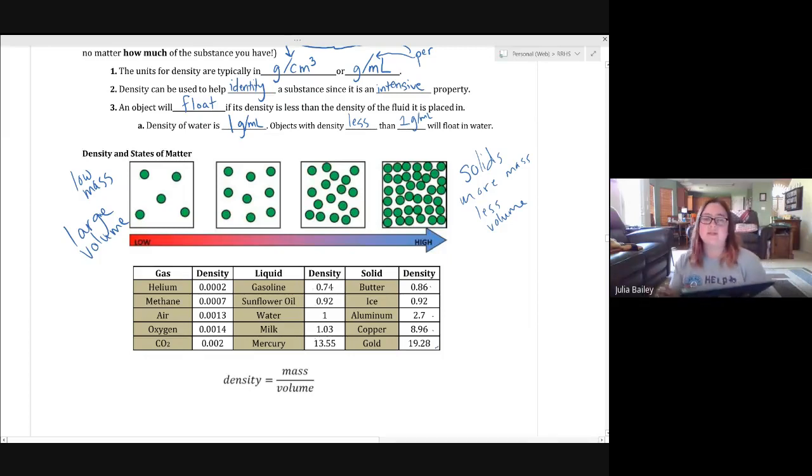It's a little fuzzier because you can tell all of them are way bigger than gases, but liquids and solids are a little more dependent. Mercury is just an intensely dense liquid anyway, so it's way denser than even some of these solids. But in general, solids are more dense than liquids. Everything's more dense than a gas.